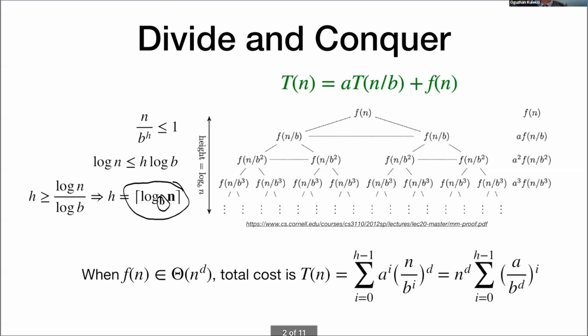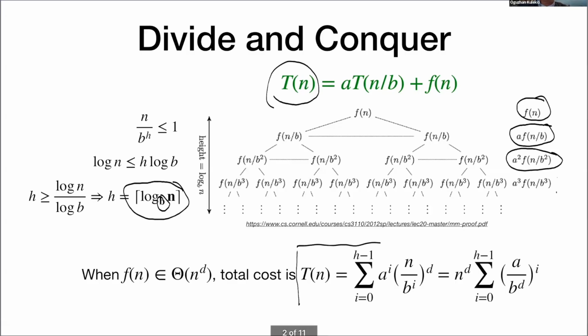Since I know the height, I would like to compute this cost, T(n). It's very simple: I will just sum these values. f(n) plus a times f(n divided by b) plus a squared times f(n divided by b squared), and that will go on. So you can write it in this notation.